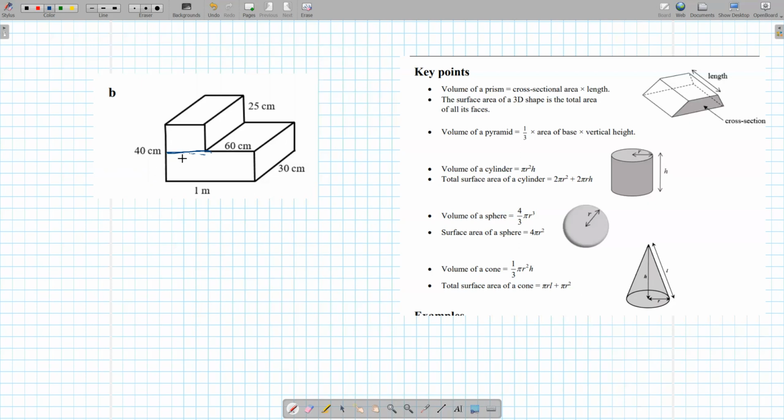So if we're looking at the prism on the bottom, we know its length is 1 meter, yeah? What is the width of this shape on the bottom? 30. 30, but notice that's in centimeters. How do you convert centimeters to meters?